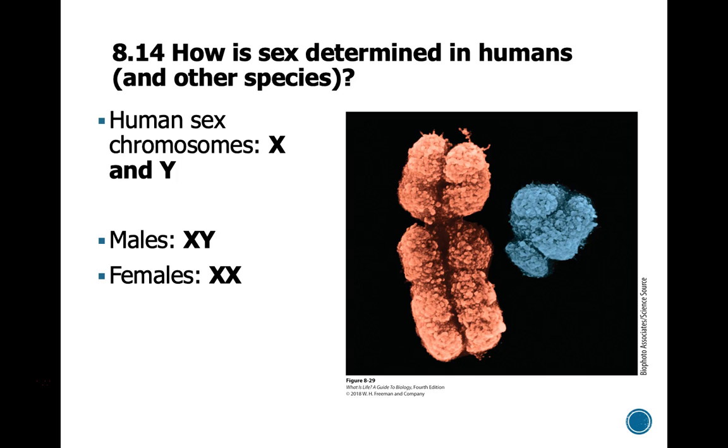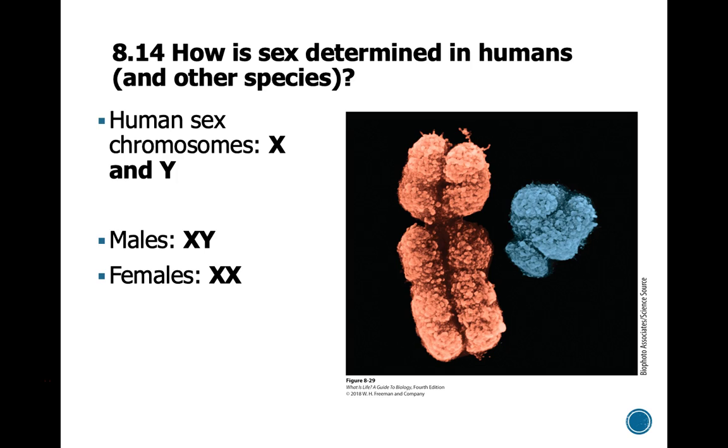So during the process of meiosis, a female who has two X chromosomes donates one X chromosome to each of their eggs. During the process of meiosis in sperm, each of the sperm are either going to get an X or a Y, because just like the other chromosomes, these homologs are separated and split into separate sperm cells.